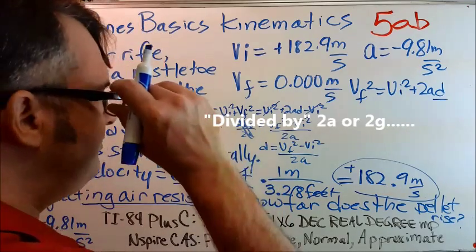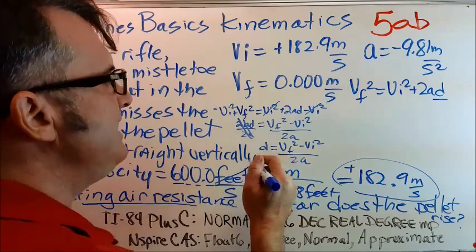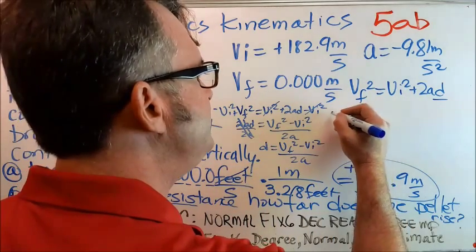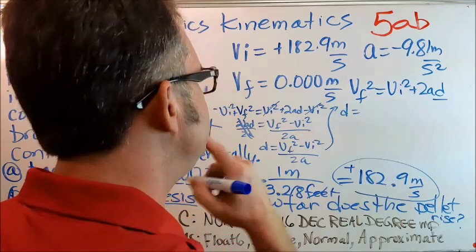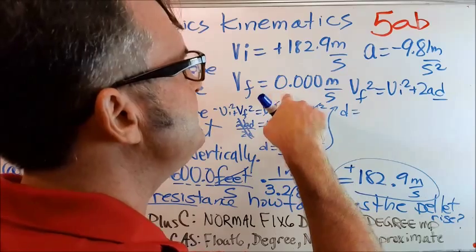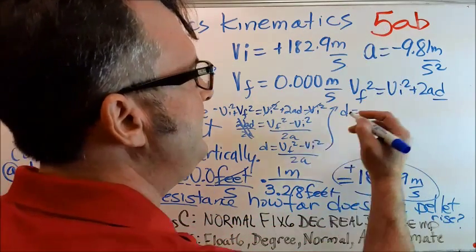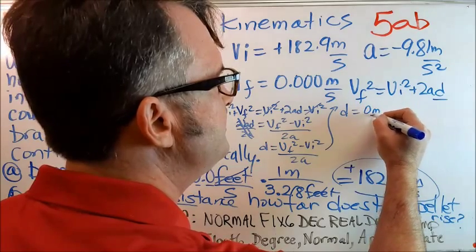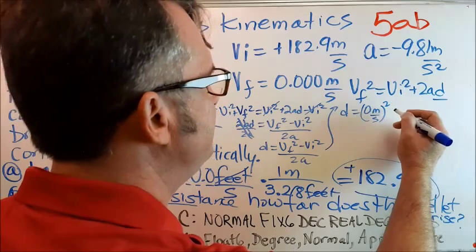So when we plug these values into our equation, D is equal to VF squared, which in our case is going to be 0. This pellet goes up and it stops before it starts falling down. That is going to be 0 meters per second squared, and that's going to cancel out.